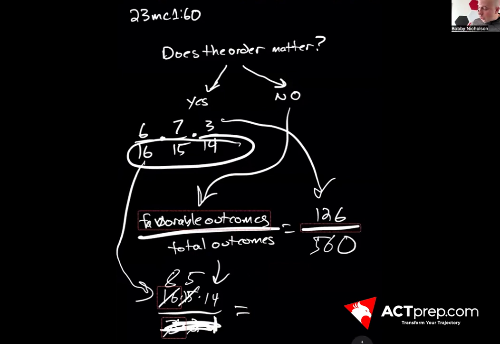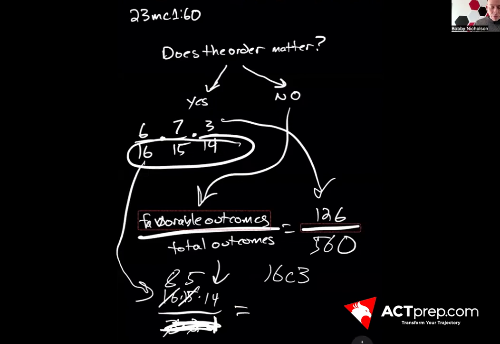You could also just do 16C3 in your calculator. If you know how to use a calculator for that, we'll do the same thing, but that is all the math that is happening. It's just going to be the same as the denominator from if the order did matter, and then a factorial of the number of options they were choosing in the denominator to get us 560 in this scenario.